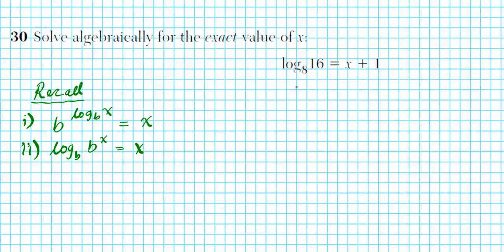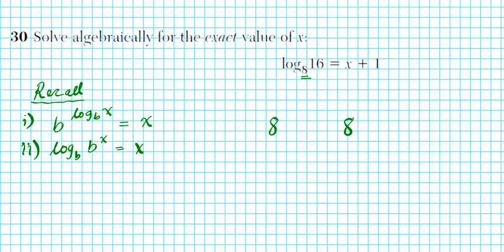Okay, all right, so here I want to eliminate the log from this equation. It's kind of annoying, so how do we go about doing that? Now notice that the base of this logarithmic expression on the left side is 8. So what I'm going to do is exponentiate both sides of my equation using 8 as my base of exponentiation.